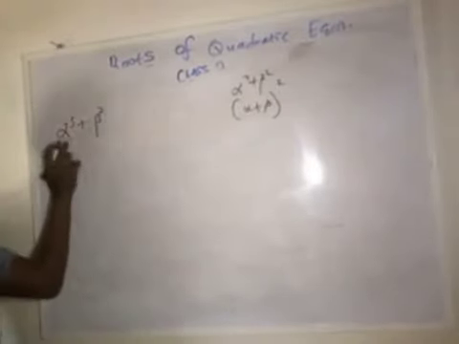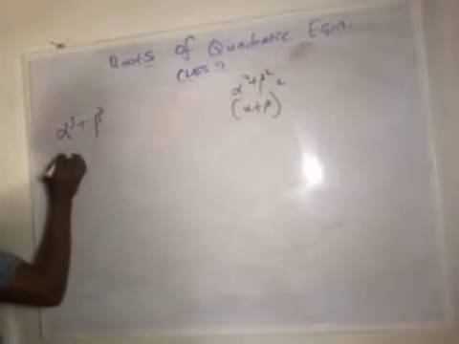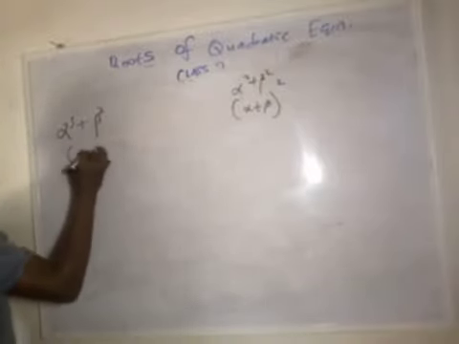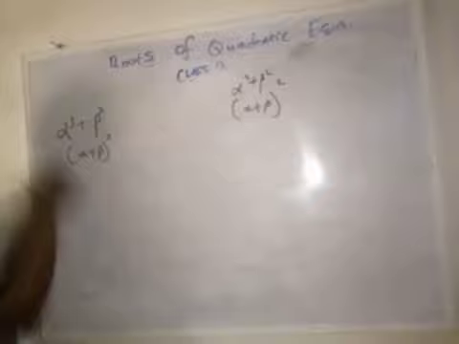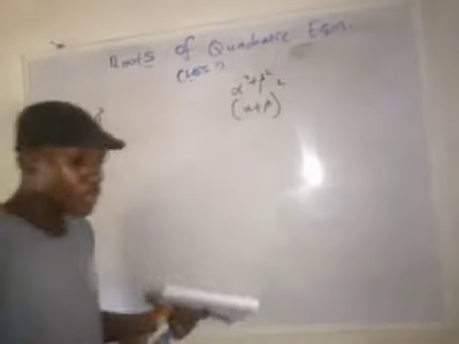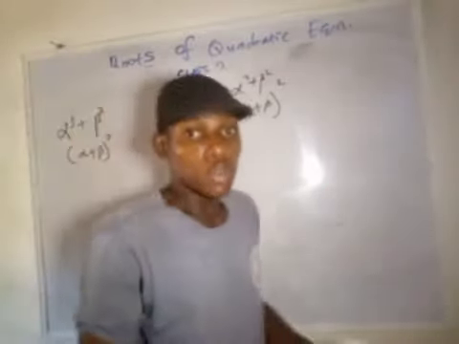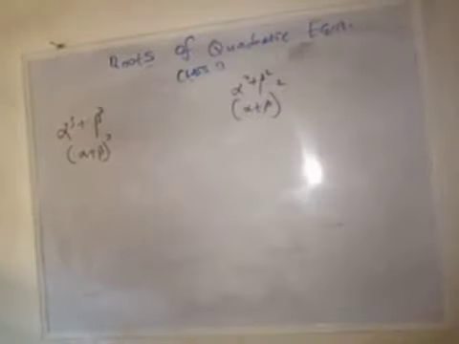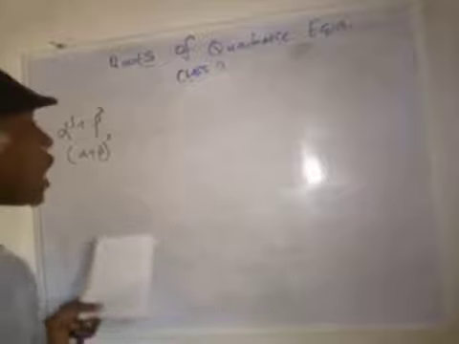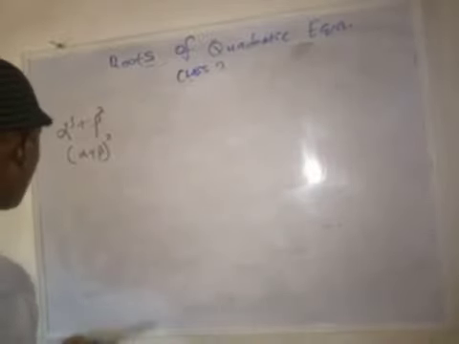It simply means that if I'm doing alpha cube plus beta cube, I'm going to be doing alpha plus beta raised to the power of 3. So, let's do alpha plus beta raised to the power of 3.